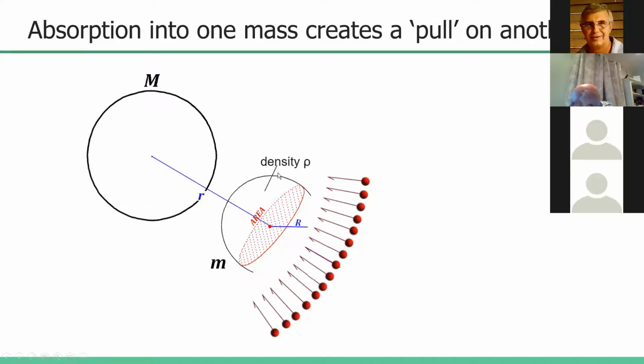And the more density there is, the more this will interact. In other words, in total, the more mass there is, the more interaction there is. This only shows the interaction in one direction, of course. The same applies in the opposite direction, where this mass would have an imbalance around it and pull this one, or push this one closer to it, whichever terminology you prefer.